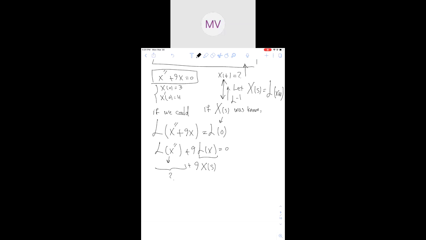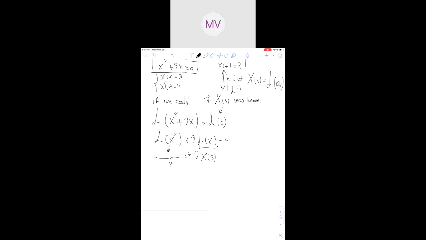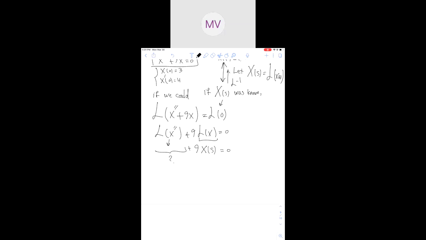So how can we find the Laplace of a derivative of a function? Because as soon as, let's say, for example, we would get 1 plus s squared times X of s plus 9 X of s, and then maybe plus 3 equals 0, then out of this equation we can solve for X of s, right?